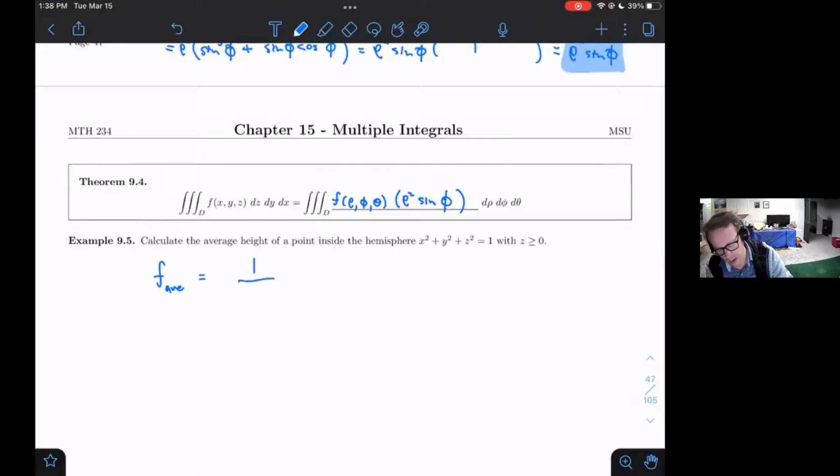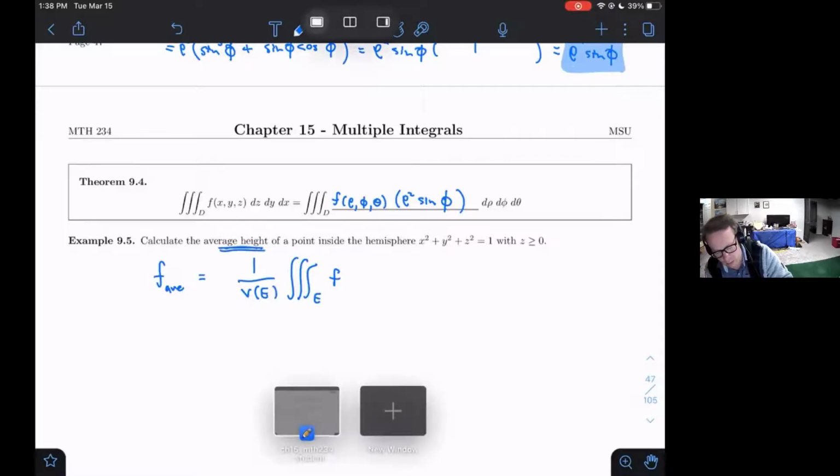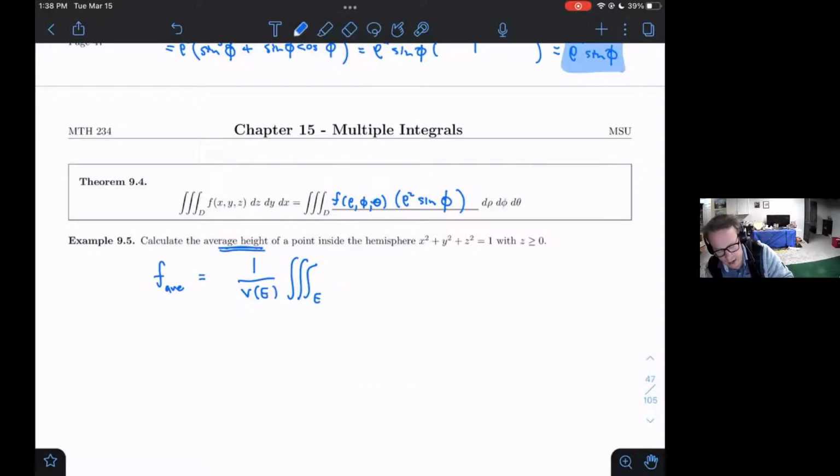So I want 1 divided by the volume of my region, I'll use E, times the triple integral over this region. And the function that we're interested in is the average of the height. Well, the height is given by the coordinate of z. So this right here is what we're trying to evaluate.